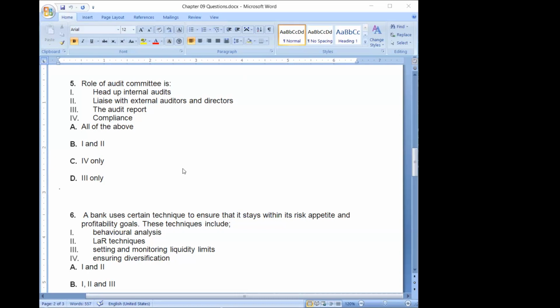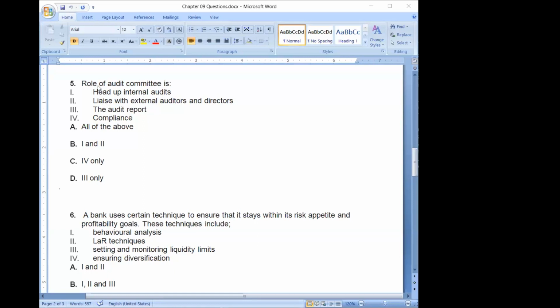If you look at the given list, internal audit, yes, that is the audit committee's role, the board audit committee. Liaise with external auditors and directors, yes, that is part of their role. The audit report, no, they are not doing the audit report. They are reviewing the report presented by the auditors.